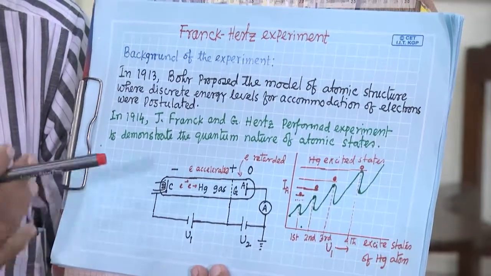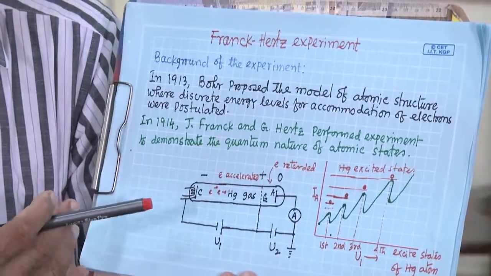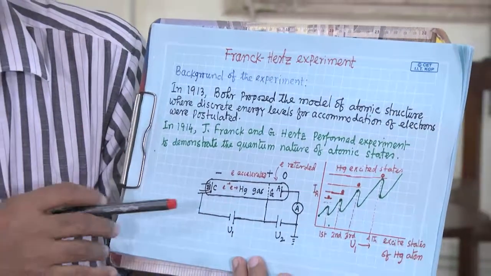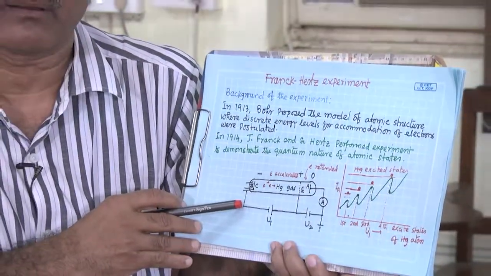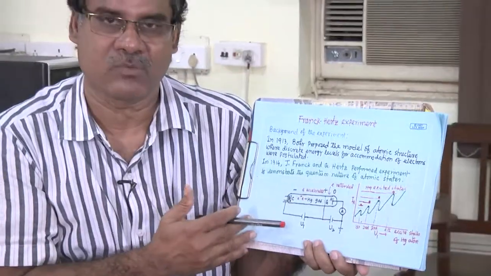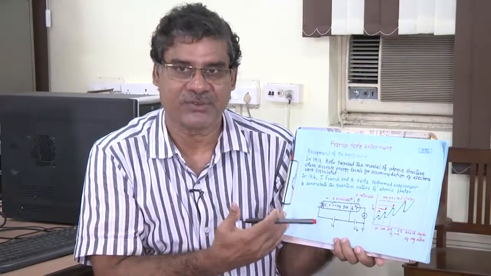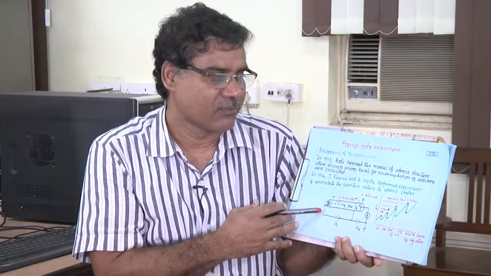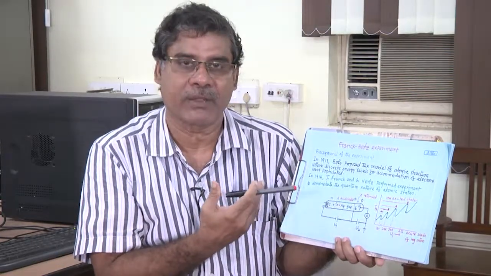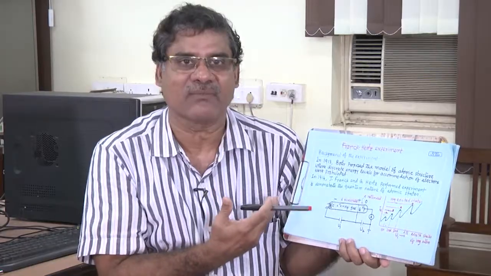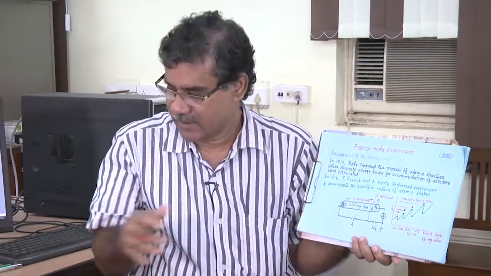Based on these postulates, Bohr gave the atomic structure, how electrons are arranged in atoms. The main point was the discreteness of energy levels.